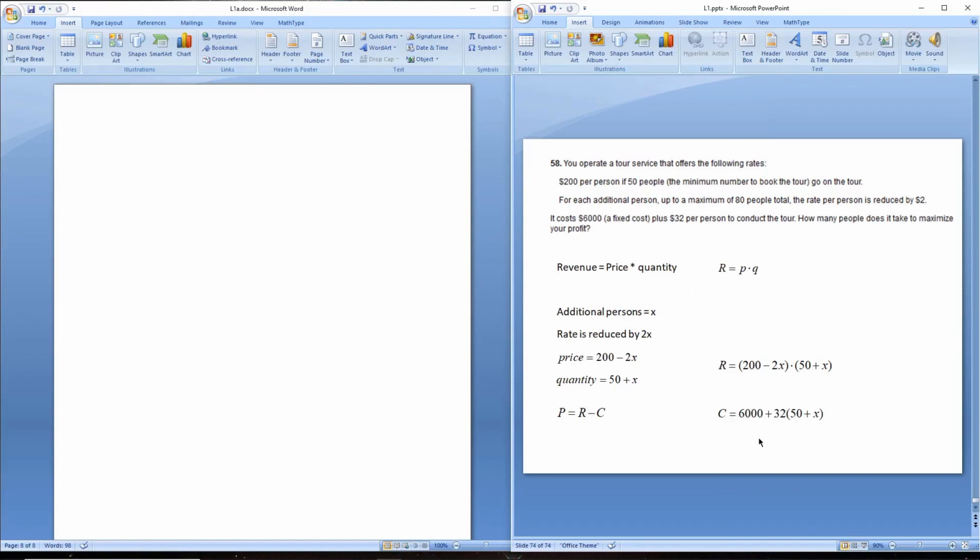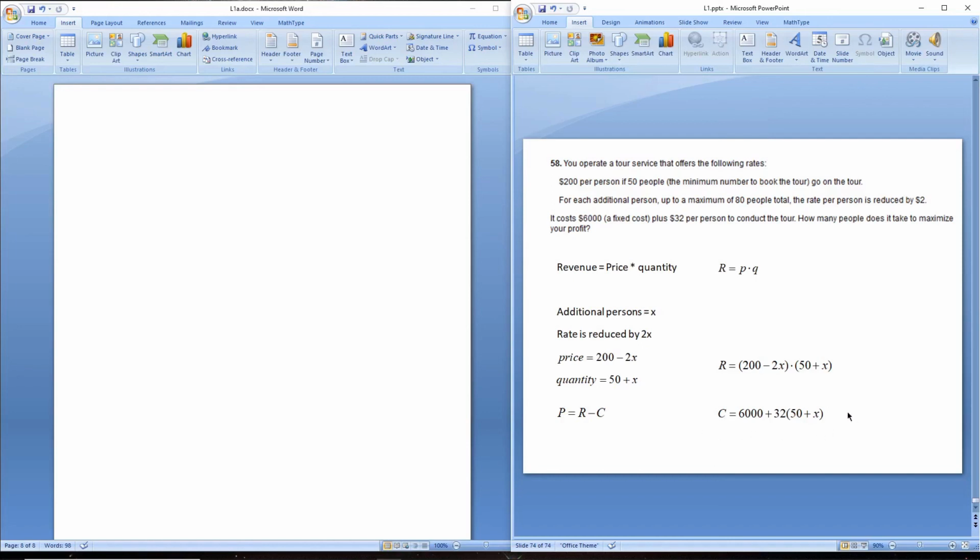So we have a flat cost of $6,000 and then $32 for each person that comes along. So that's our quantity. Our quantity is 50 plus X. So we're doing a 32, our price, times the quantity. And then this will be our total cost for doing business.